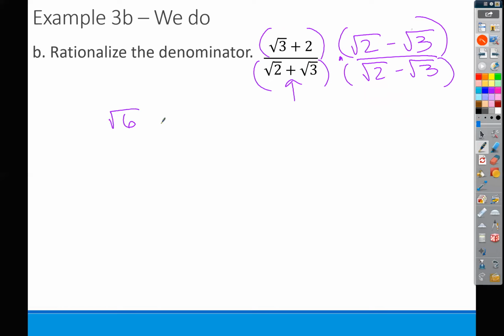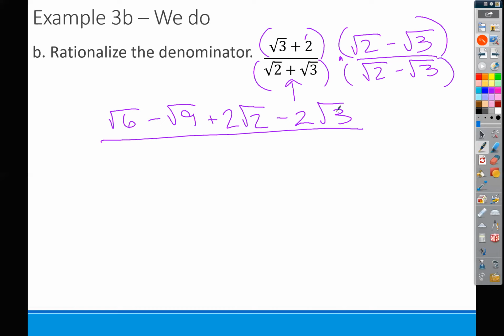Square root of 3 times a negative square root of 3 is just negative square root of 9. 2 times the square root of 2. And then 2 times the negative square root of 3. Over the conjugate, square root of 2 times the square root of 2 is just 2. Square root of 3 times negative square root of 3 is minus 3.